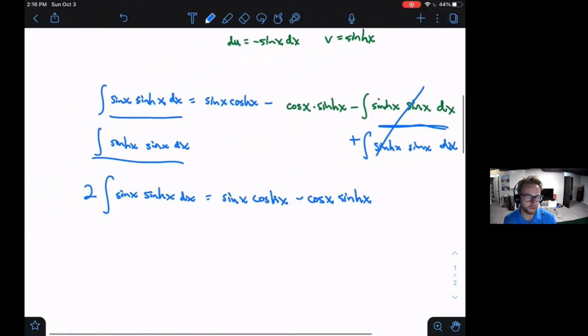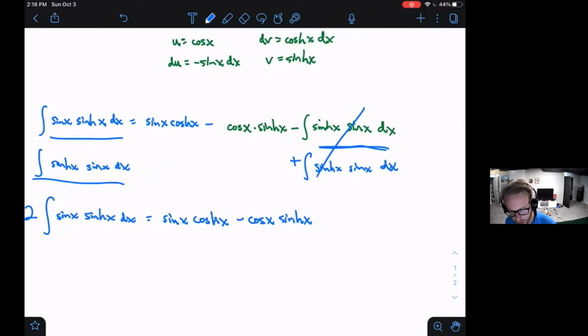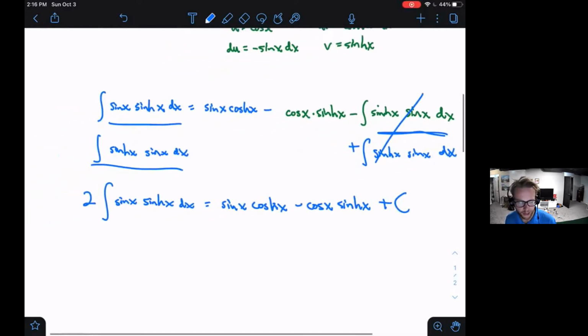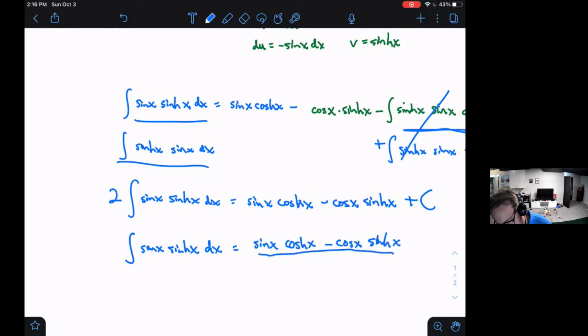And so the last step, if you want to solve for what this integral is equal to, we can just divide by 2. And I guess at some point here I should be carrying around this plus c. I'm just going to include it right here. So now let's go ahead and divide by 2 on both sides. I'm regretting not copying and pasting right now. So yeah, I'm going to divide that by 2.